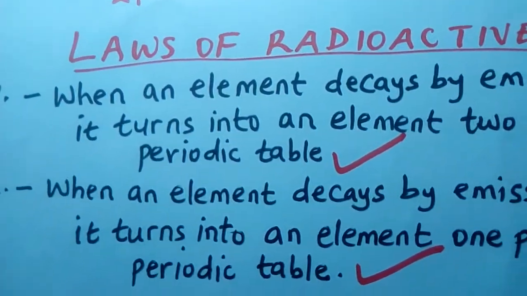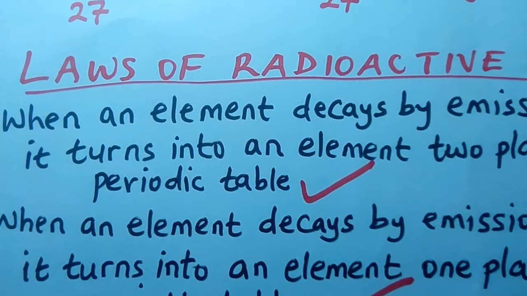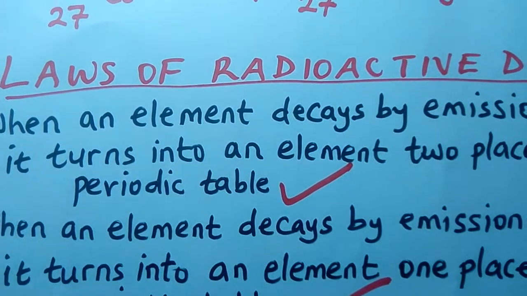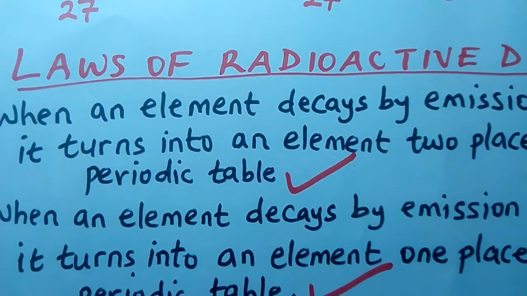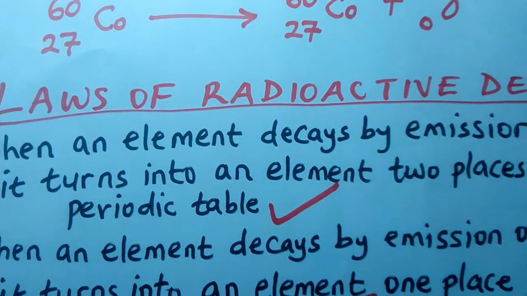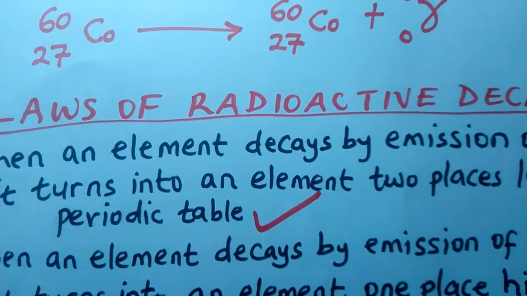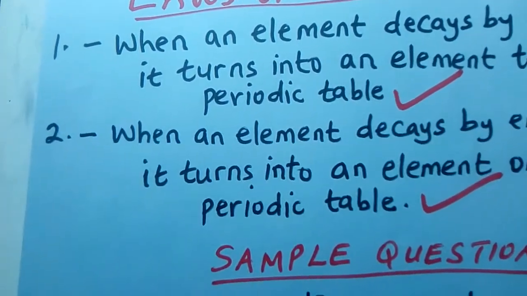So we are giving a general conclusion now using the laws: if it is an alpha decay, the atomic number reduces by 2, mass number reduces by 4. So if the atomic number reduces by 2, it means the new element will be 2 places lower in the periodic table. What about beta decay?